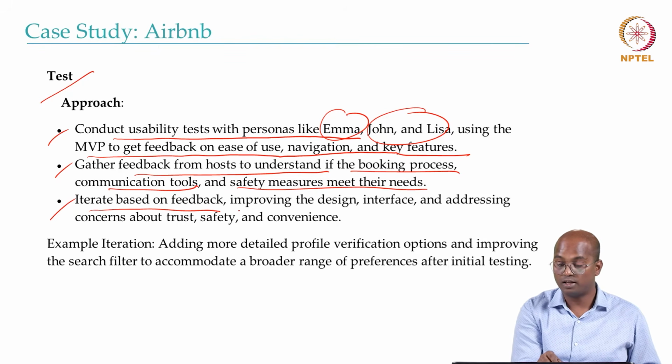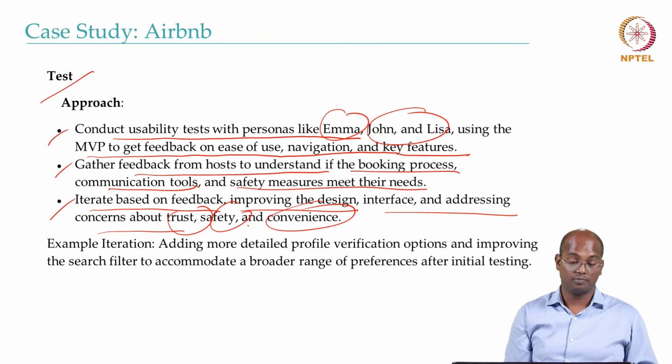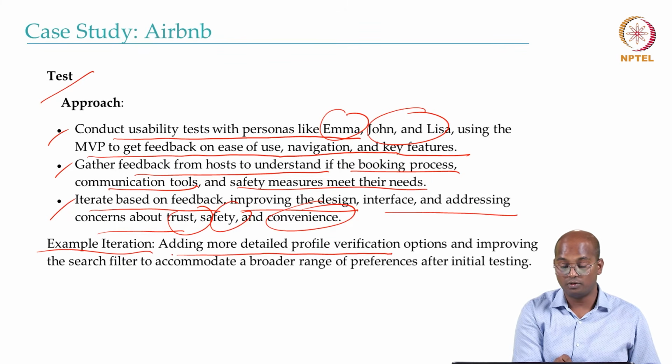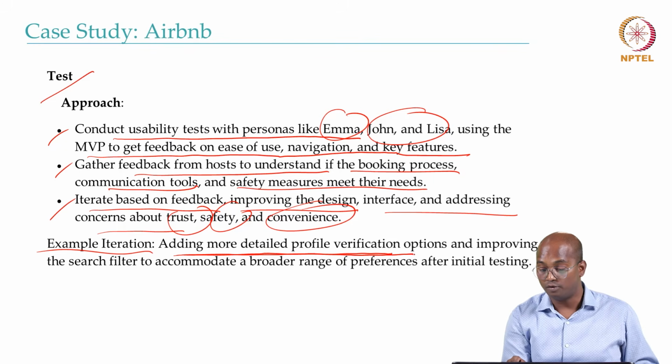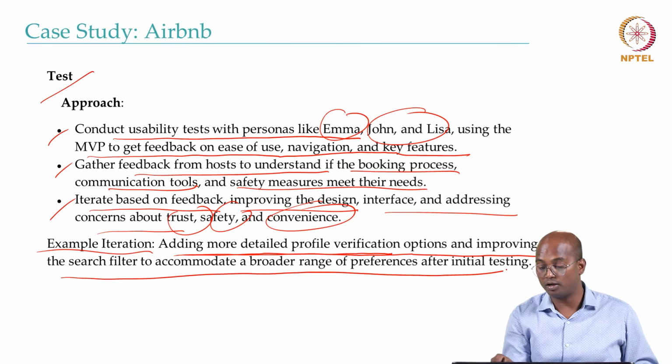Iterate based on the feedback, improve the design and interface, and address concerns about trust, safety, and convenience, which is very important. And you can do more example iteration here.